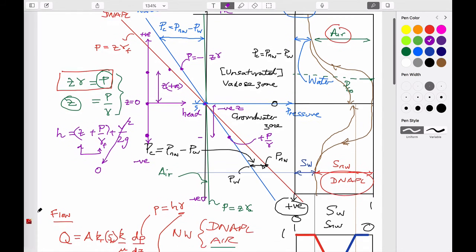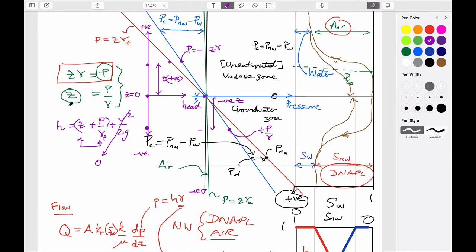If flow is being driven, I'll write Darcy's law up here. If flow is being driven by an area, a relative permeability, a permeability, and a change in head with elevation, then if this term, the change in head with elevation, what's the gradient of head here with z?